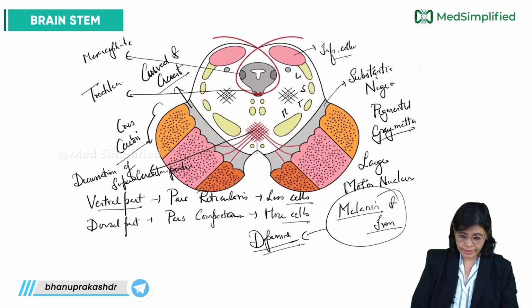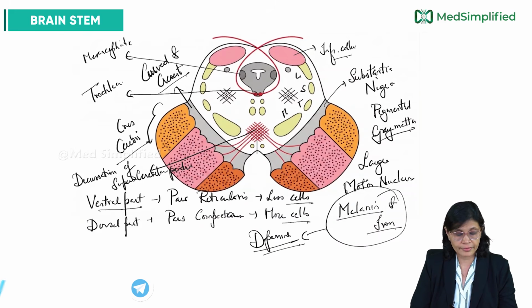So here we studied the section. Whatever I explained so far was about the structures at the level of the inferior colliculus.